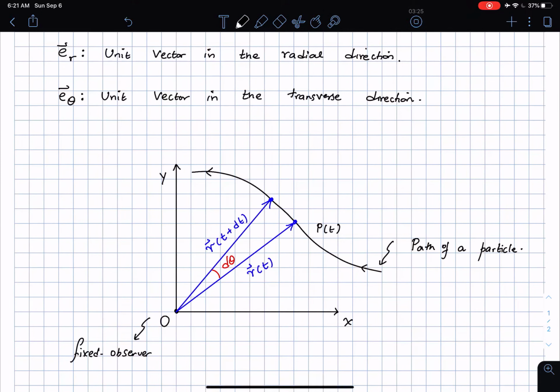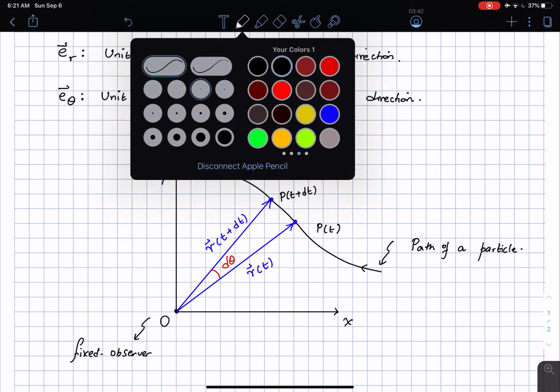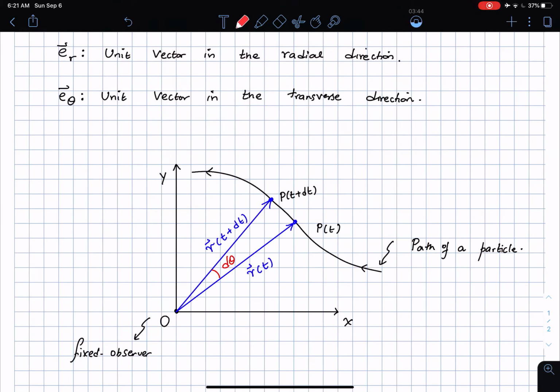All right, so how do I define the radial unit vector? The radial unit vector is always pointing along the direction of the position vector from a fixed observer and towards the particle, which means that the radial unit vector at this location is going to point out here along the same direction as the position vector.